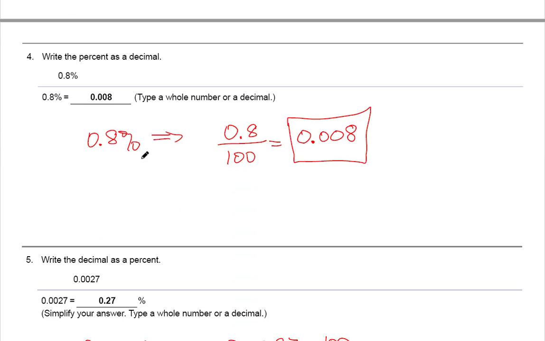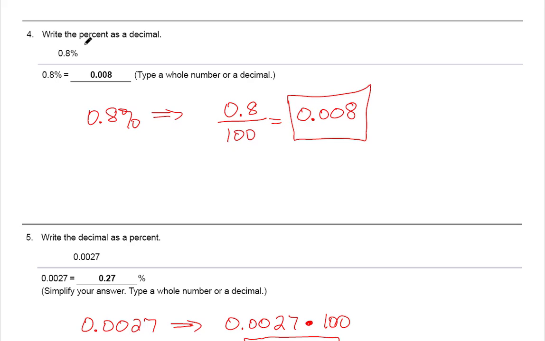Question 4. Similarly, we have 0.8%. All right, so I take 0.8, divide that by 100, or again, move the decimal 2 places left, so 1, 2, and we get 0.008.